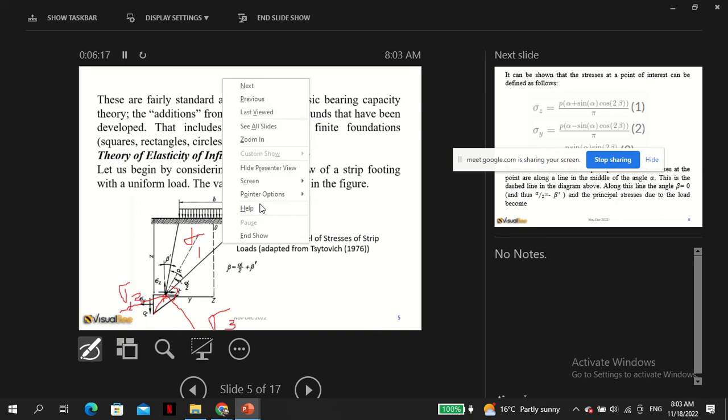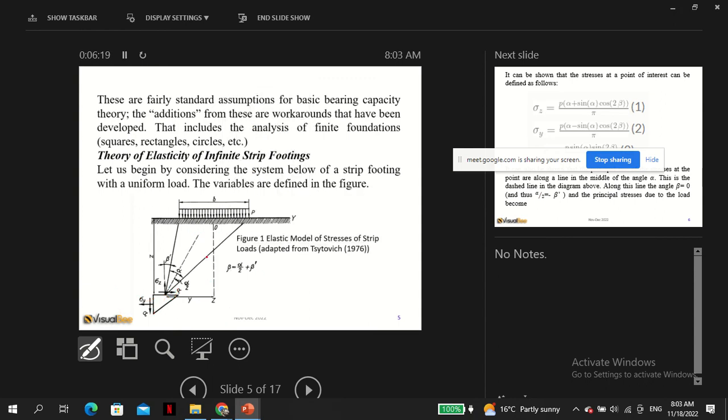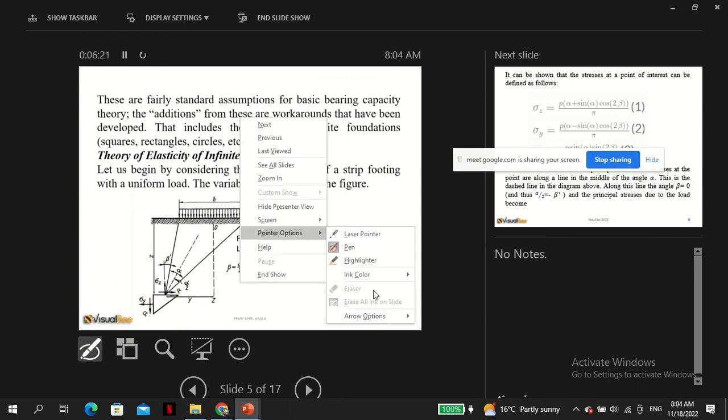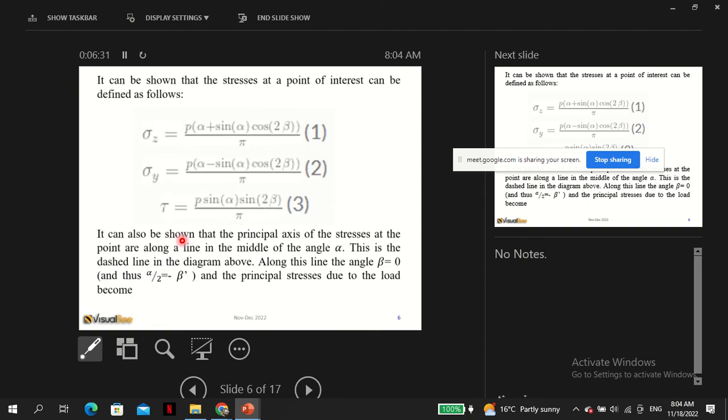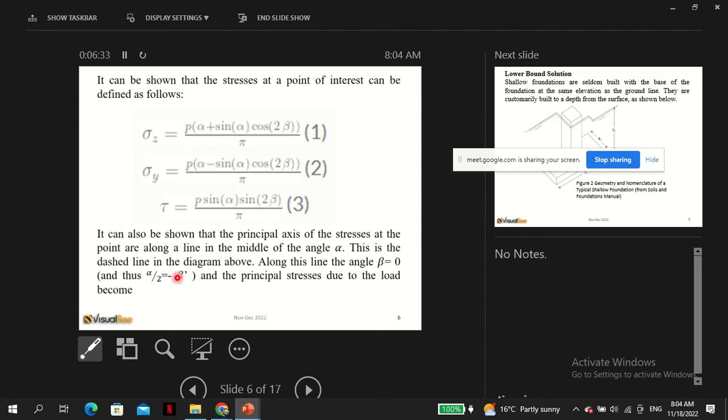Anyway, what you need to understand is that the principal axis is here based on that arrangement. This is the dashed line in the above diagram.